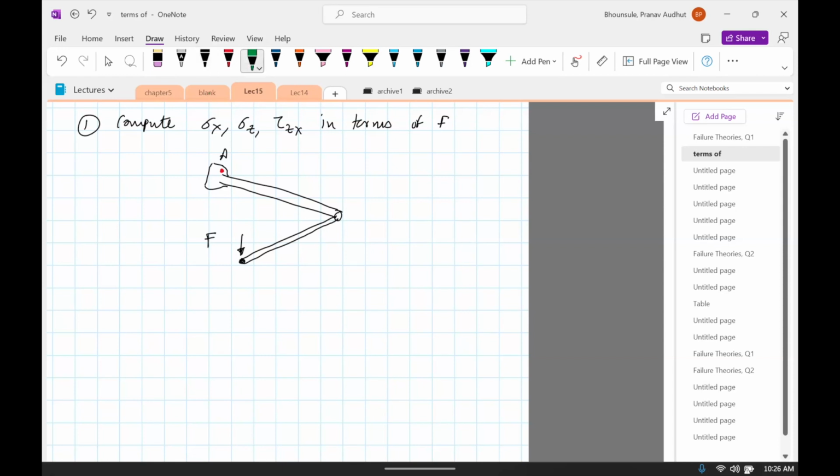It might help if you draw the axis. So I think this axis is X, Z, Y.